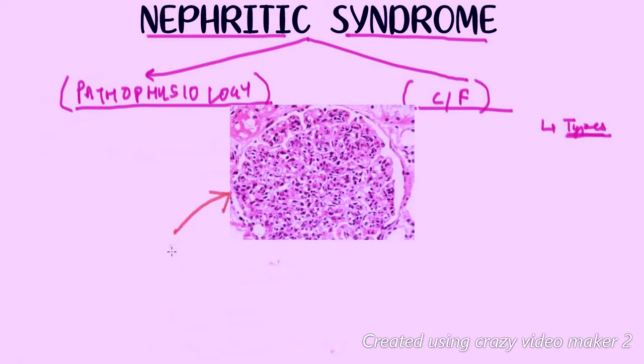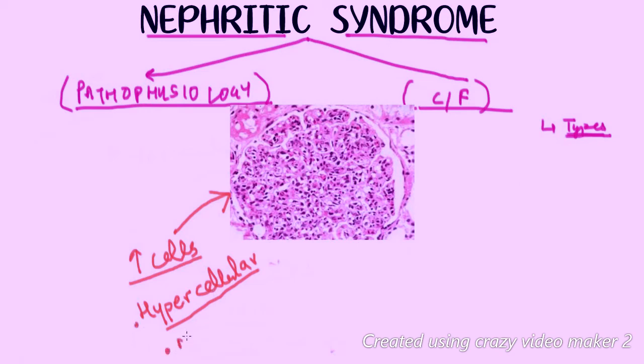What we will see is that there will be increased cells in the glomerulus, that is, there would be hypercellular glomerulus. And there will be neutrophils which would be present in the glomerulus.